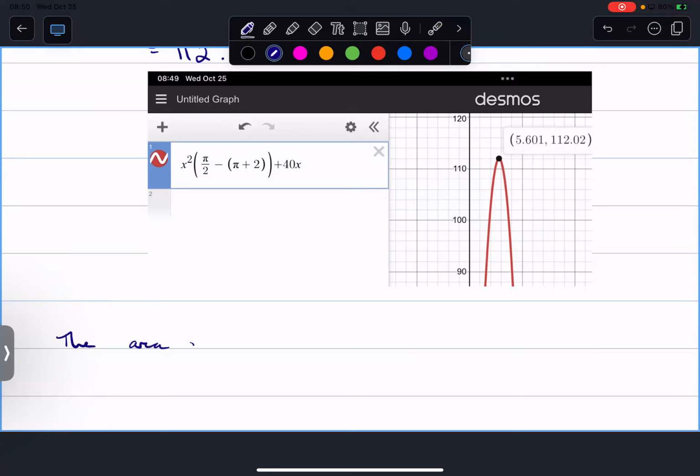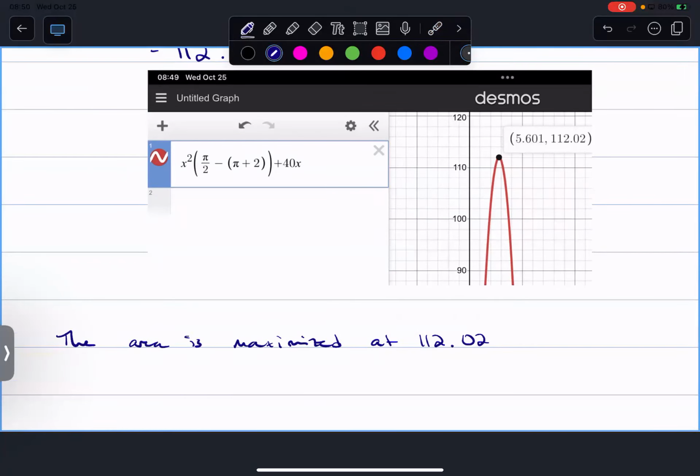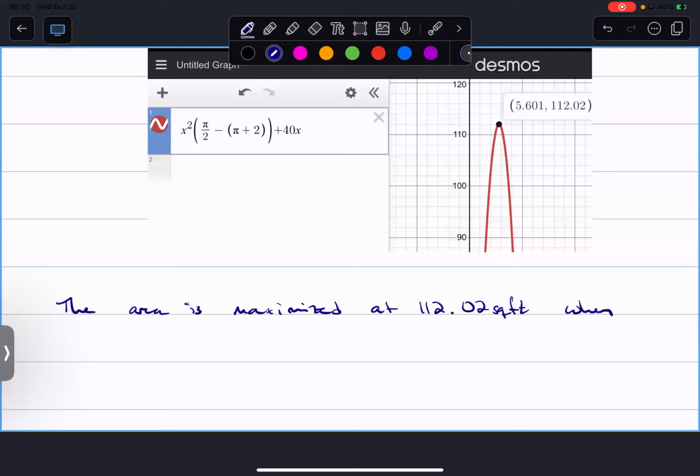The area is maximized at 112.02. I don't know if we had any units, but square feet, when the radius of the half circle is 5.601 feet.